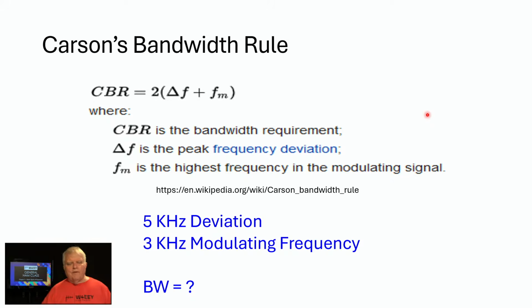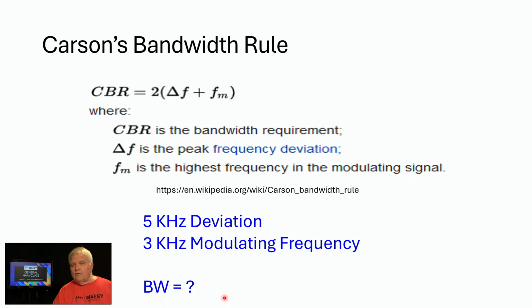The actual formula is you take the amount of deviation and you take the highest modulating frequency, and you add them together and then you multiply it by 2. So in this case, the bandwidth would be 16 kilohertz. If you just keep that in mind and know about Carson's bandwidth rule, you'll be able to answer a question.